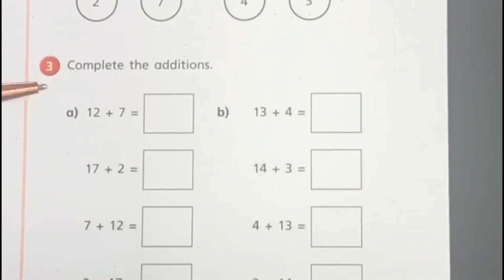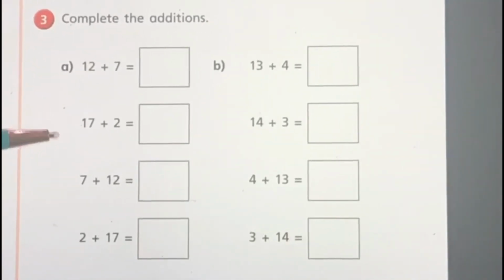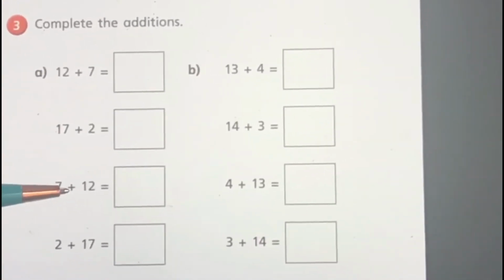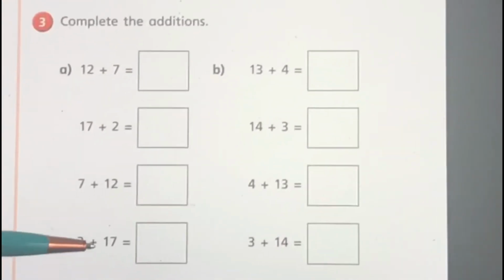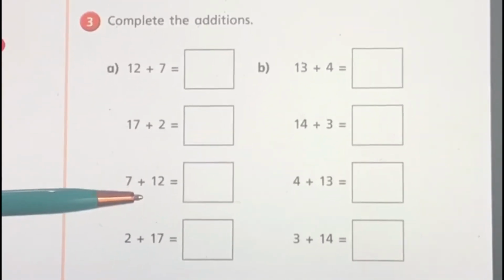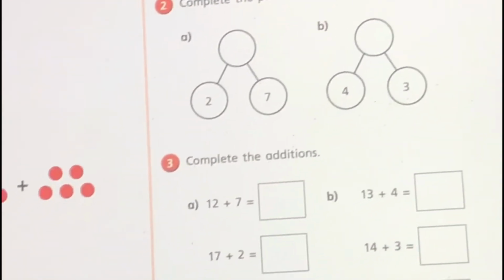Okay, and then you've got some additions to do with your 2-digit numbers and adding a 1-digit number. Now it doesn't matter if the 2-digit number is second in the addition number sentence. You can still just write down the 1 ten first and then add the ones. Okay, so have a good try with that.